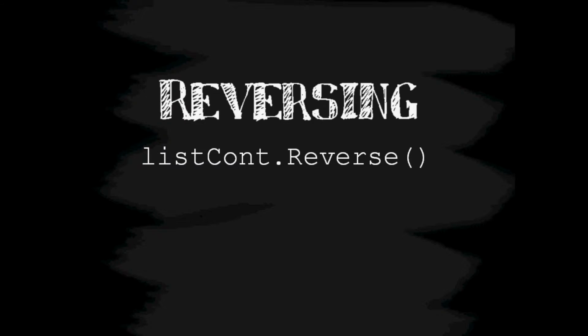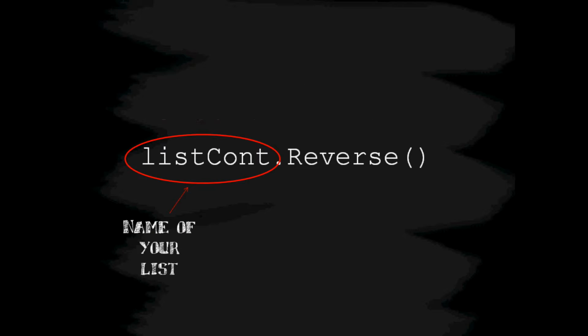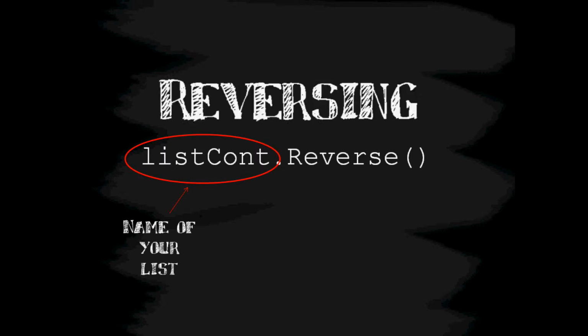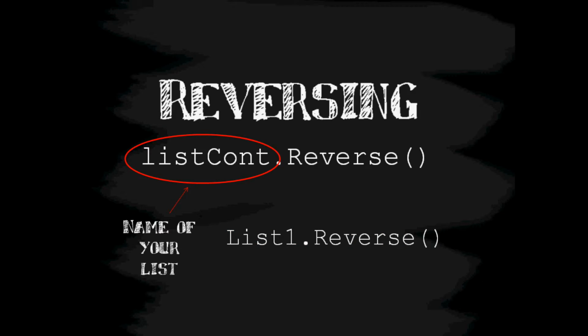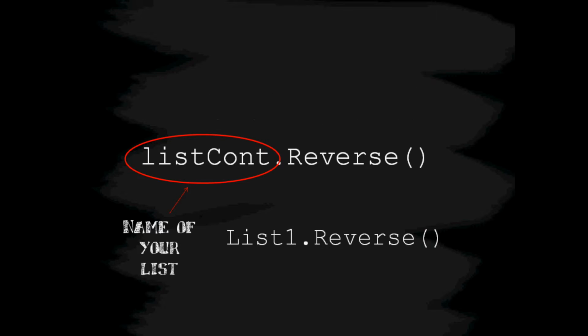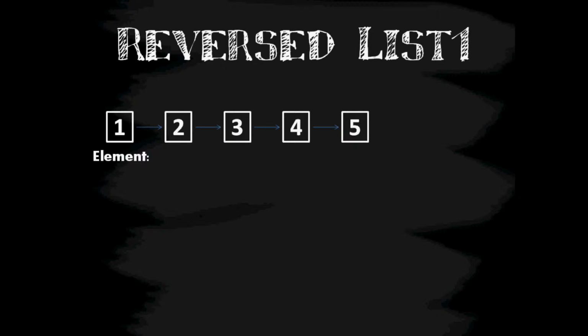Now, if you use the function reverse, by the way, the syntax for reversing a list is this: listname.reverse(), wherein the listname there is the name of the list. In our case, the name of our list here was list1. So if we are going to reverse our list, the syntax would be list1.reverse(). The program will run like this.